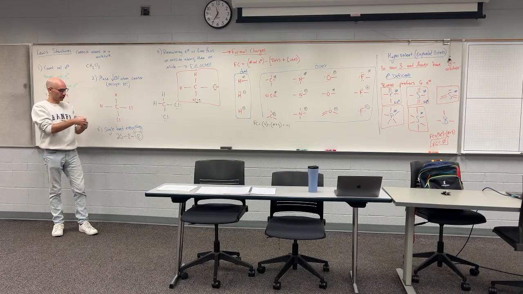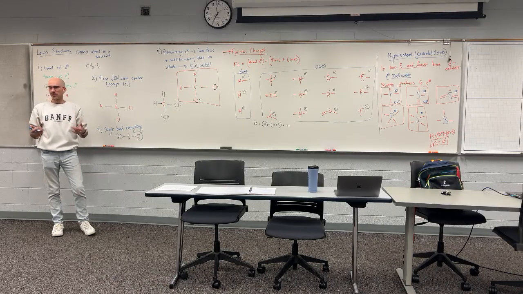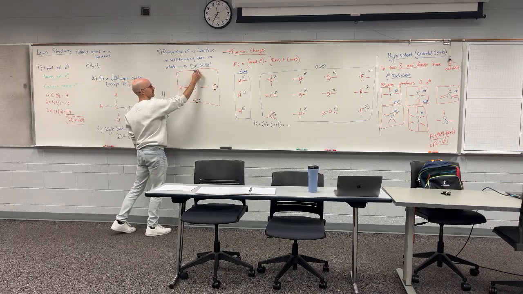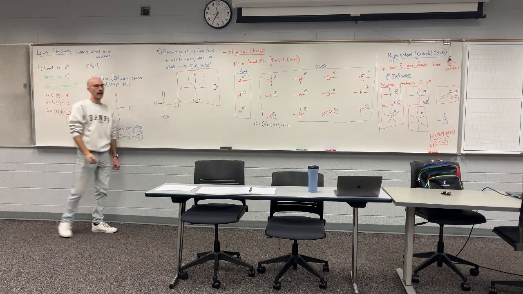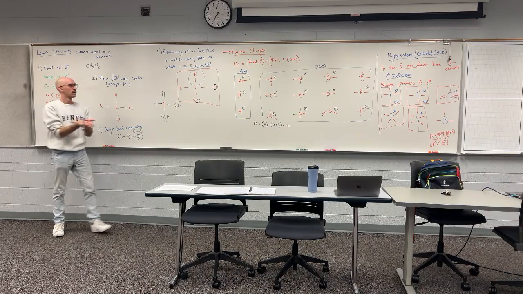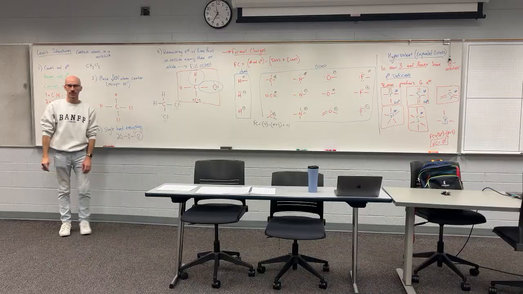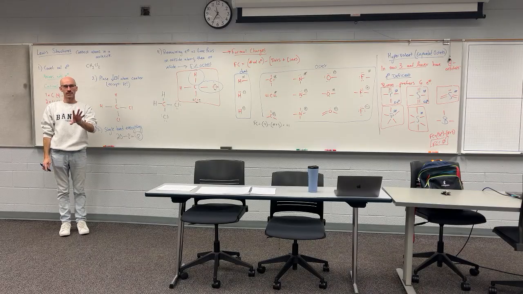When I was in college learning how to do this, I would often use these circles to help me count my octets. So I'd look at an atom like this, and I would draw around all of the electrons it touches. And then an atom like this, draw around all of the electrons it touches, and count those electrons.